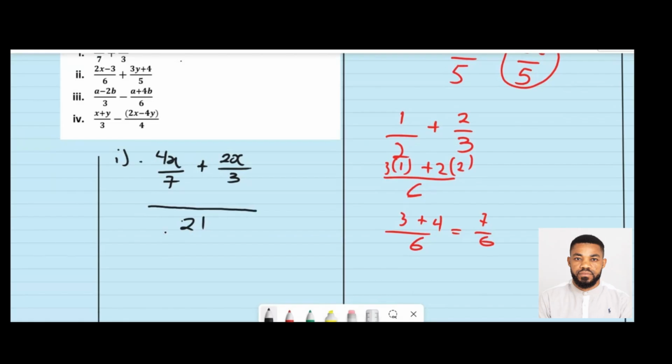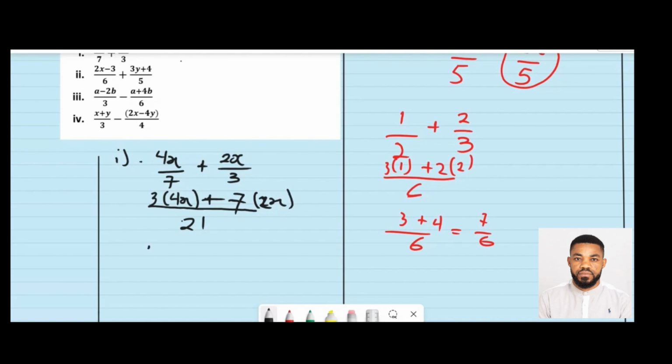So 7 goes into 21 3 times, and then we multiply this 3 by the numerator. So it's going to be 3 times 4x, but the numerator is 4x. You have to see that. And then plus, we come to the next one. 3 goes into 21 7 times. You have to multiply 7 by the numerator, which is 2x.